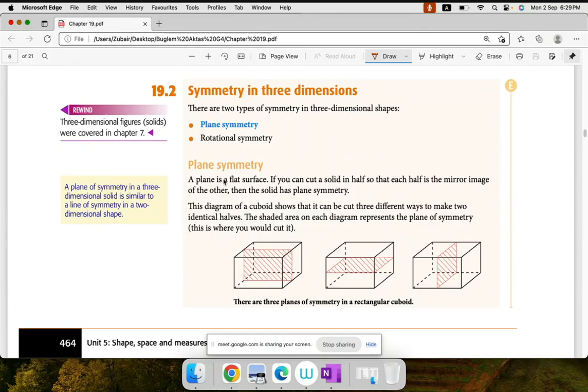So planes of symmetry, can you pretty much imagine when you're looking at these three shapes that yes, this would be a plane. For example, consider that you have a square cake. How many planes of symmetry do you think this square cake will have? 4?